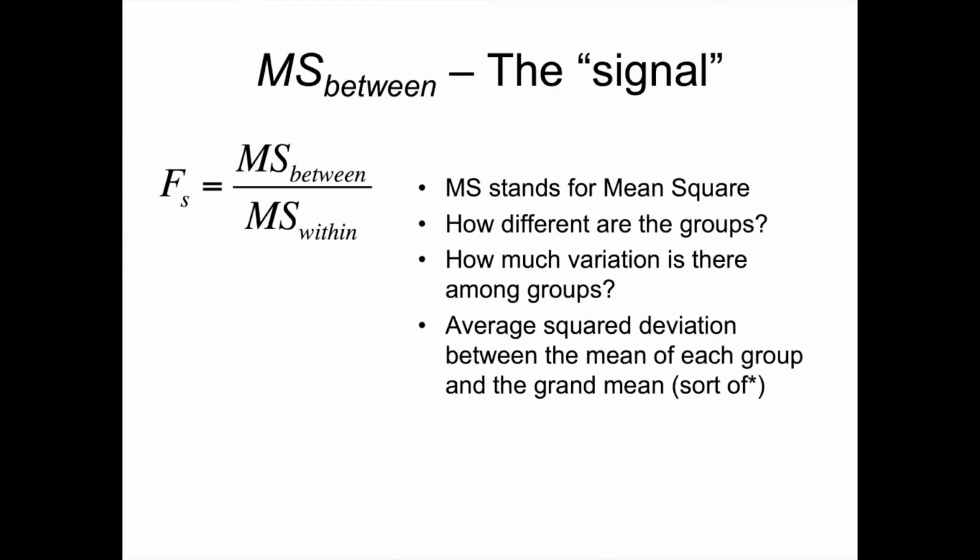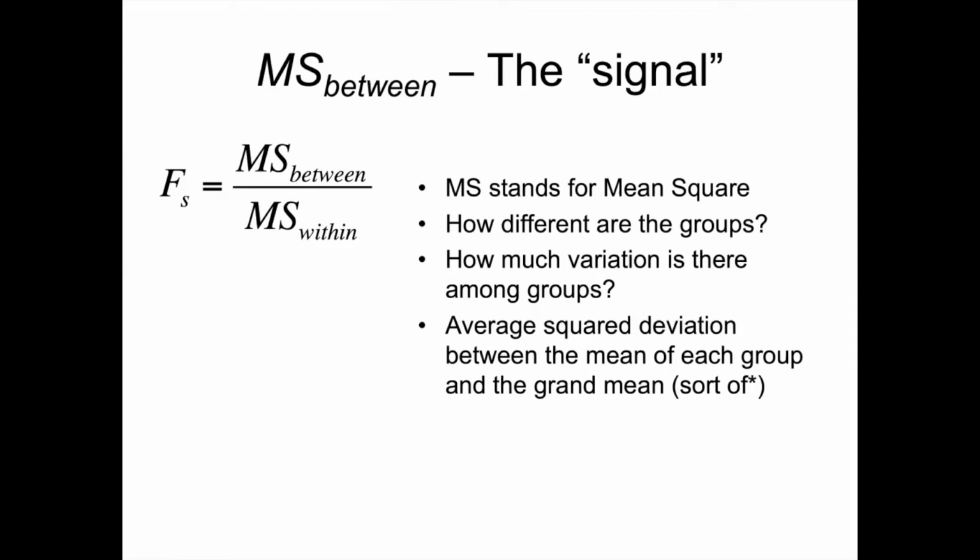So what does this mean square between actually mean? Well, in this notation, MS stands for mean square, and the mean square between is simply a measure of how different the group means are. That is, how much variation is there among groups.